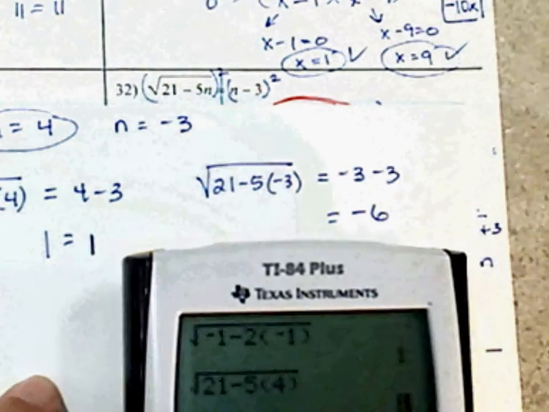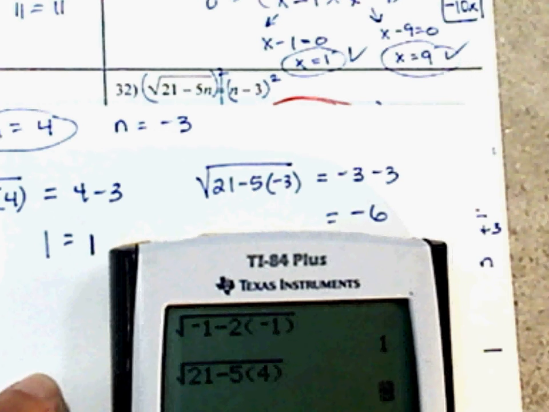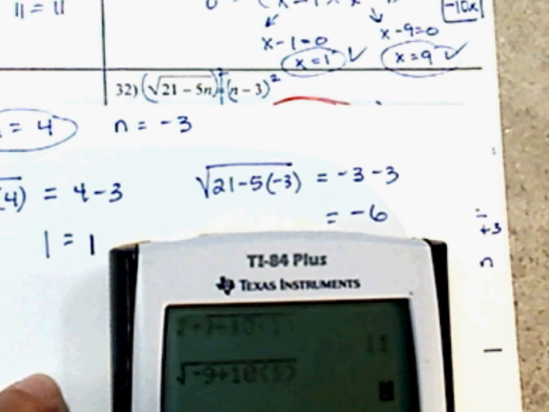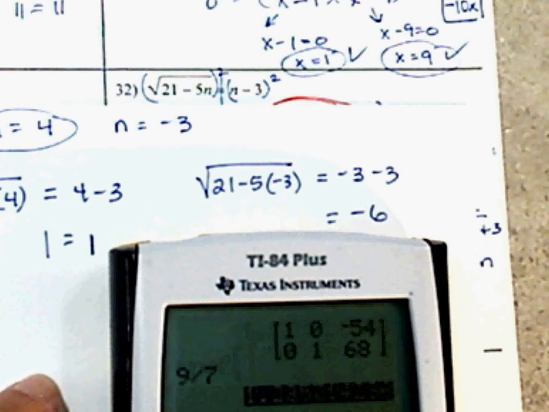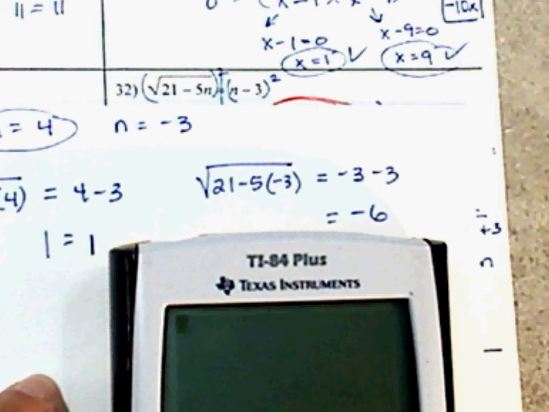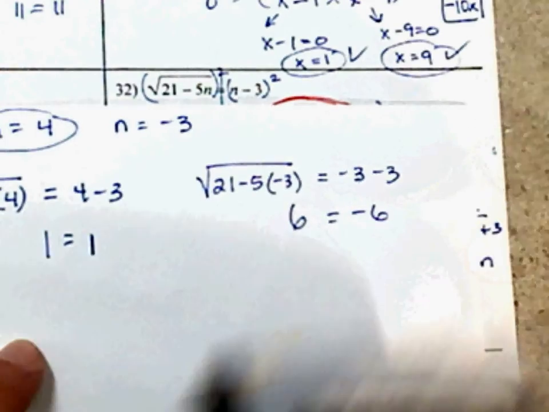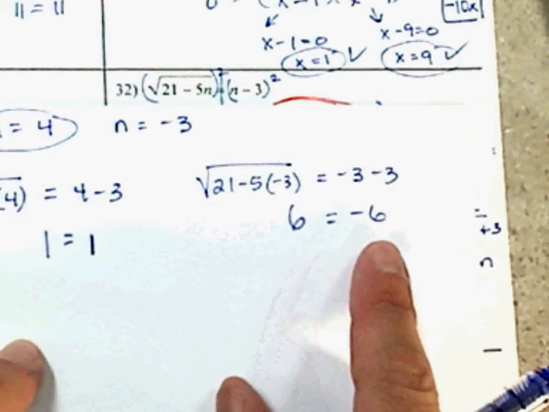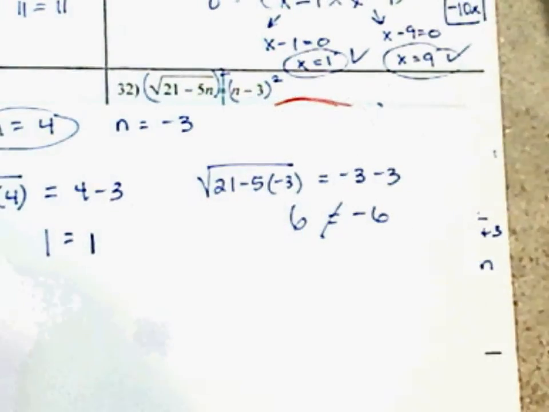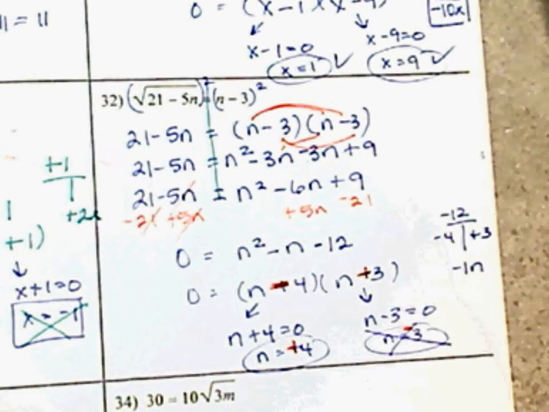Square root 21 minus 5 times negative 3 is equal to 6. Is 6 equal to negative 6? Nope. So the negative 3 doesn't work. The only answer there is 4.